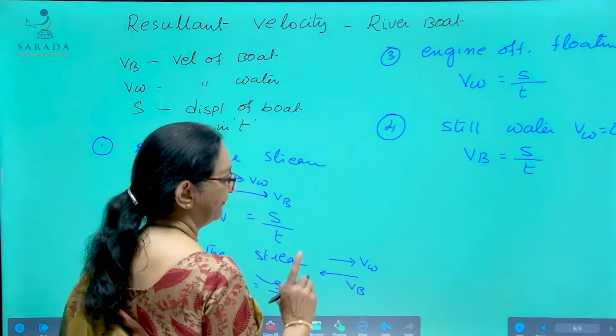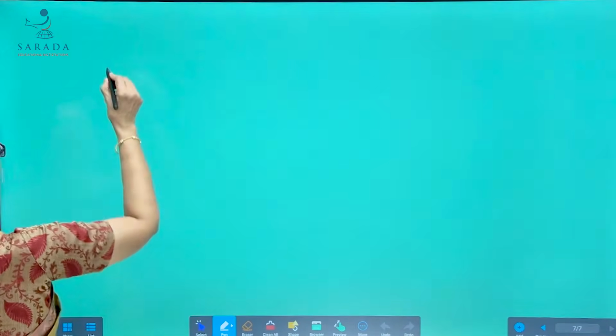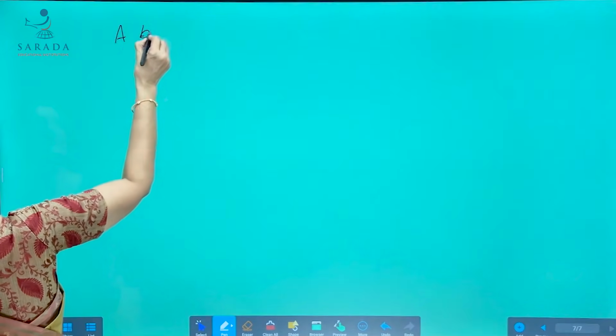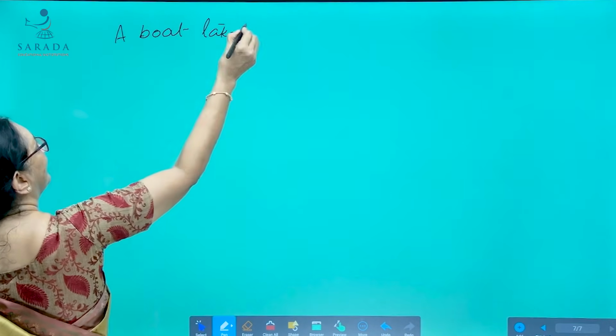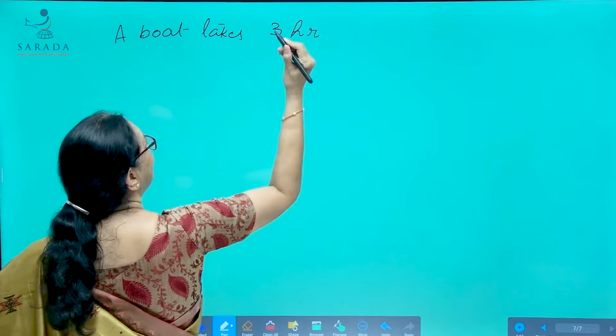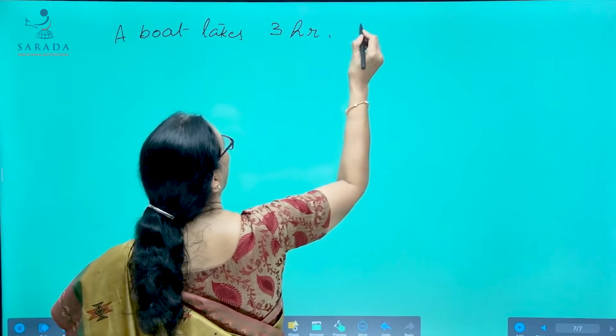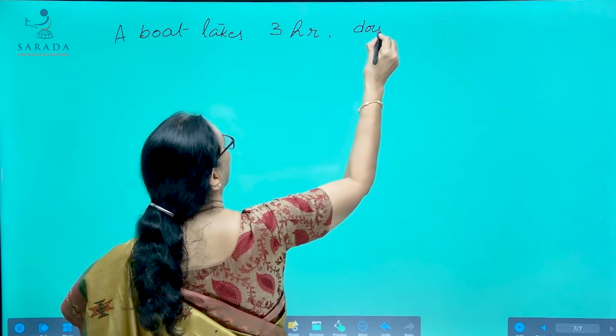Now, I'll give you one problem. So, a boat takes 3 hours to cover a distance down the stream.